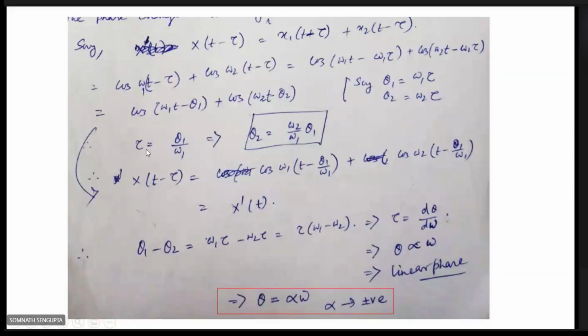I have kept the delay tau the same for these two frequencies. So this is very much needed. So linear phase means theta varies as omega. This is how it is shown mathematically, that theta varies as omega, or theta is equal to alpha omega.